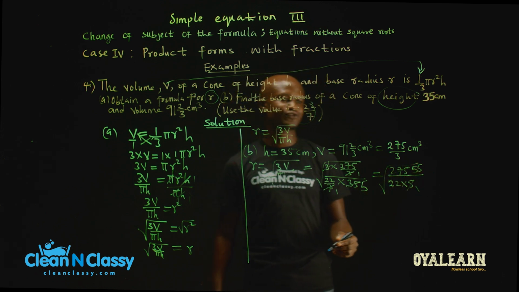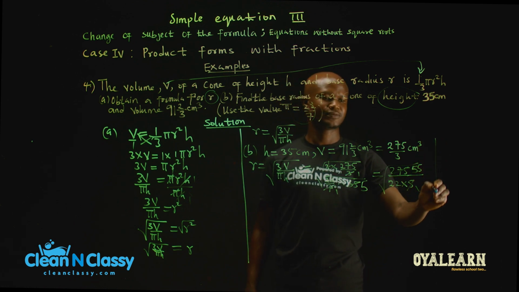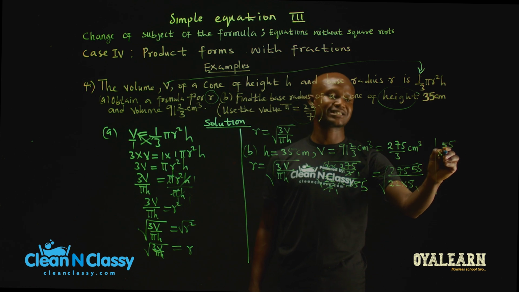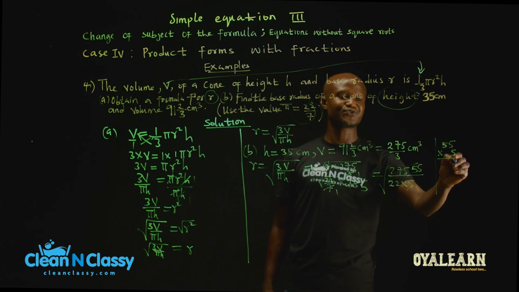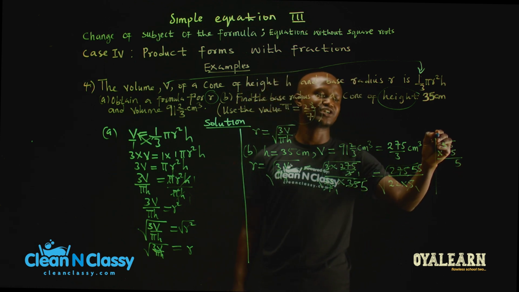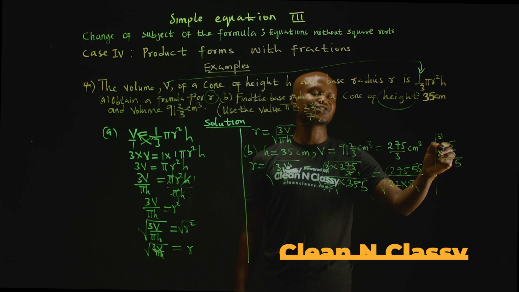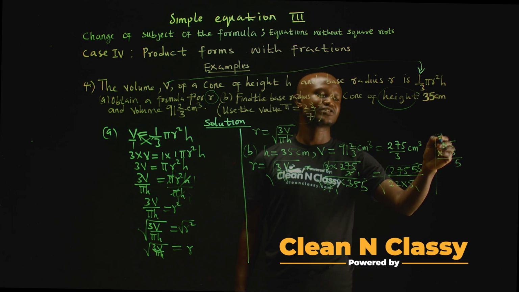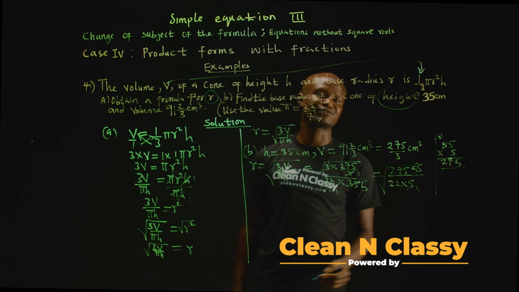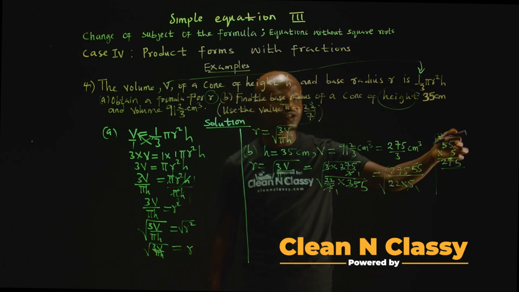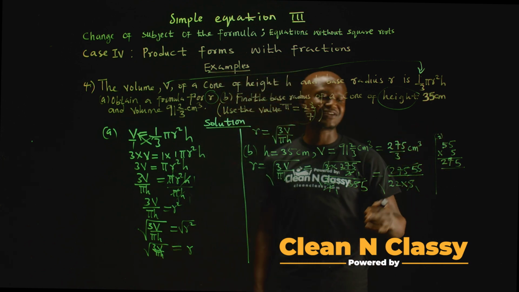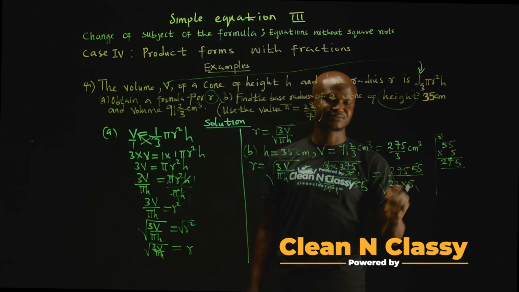Now let's multiply out for confirmation. 55 times 5: 5 times 5 is 25, we write 5 and carry 2. 5 times 5 is 25, plus 2 is 27. So now we have 275 as a product of 55 and 5. It means that 275 divided by 5 will give us 55.